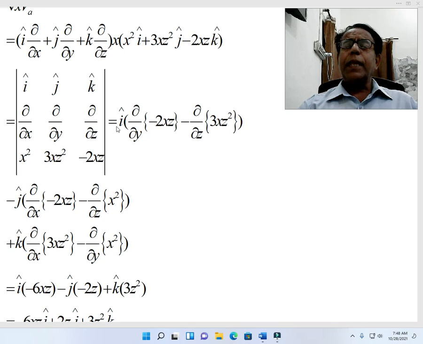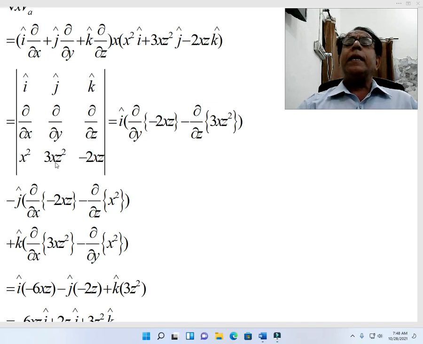Okay, I unit vector, when we will take I, this and this will vanish, and this will be multiplied by this partial over partial y, minus 2xz minus partial over partial z into 3xz square.